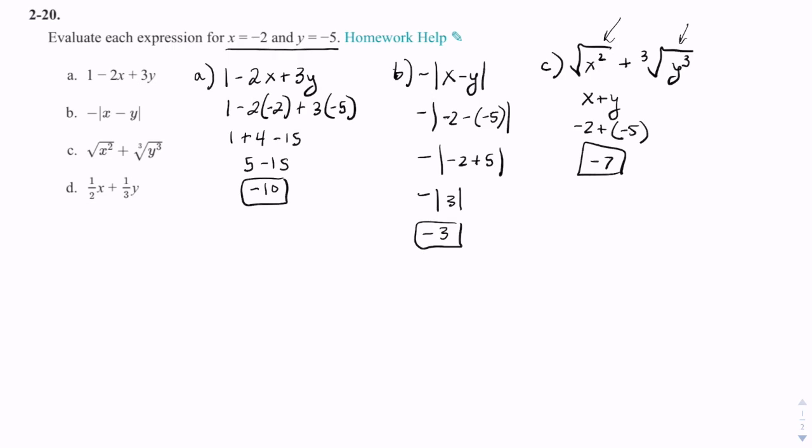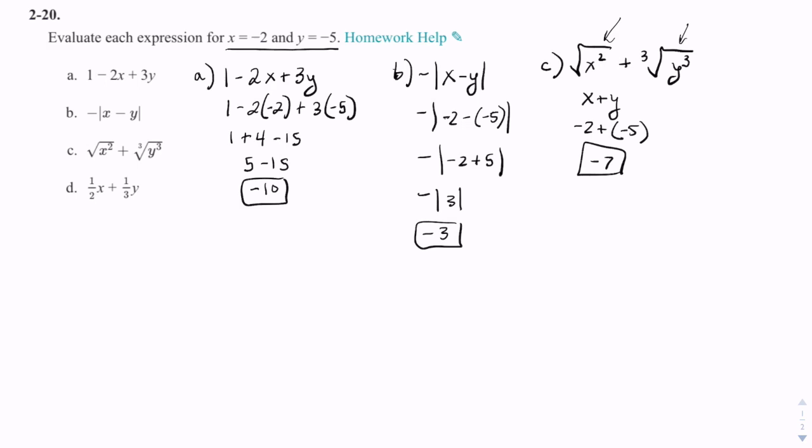And we'll get into this a little later, but in reality, it does not always cancel each other out the way it did there because it's the principal square root or the principal cubed root.